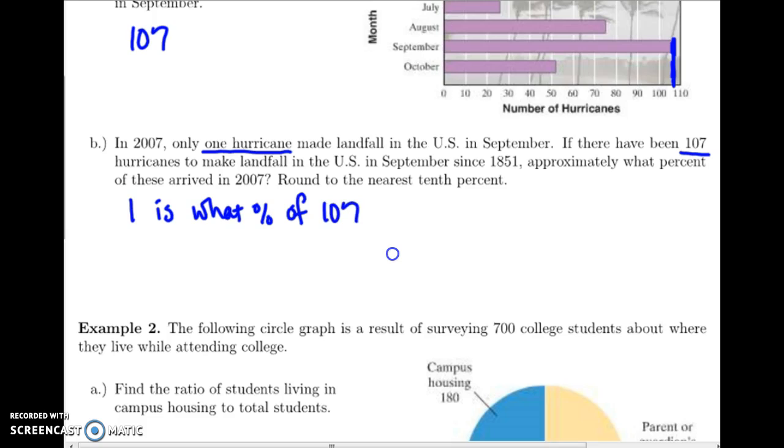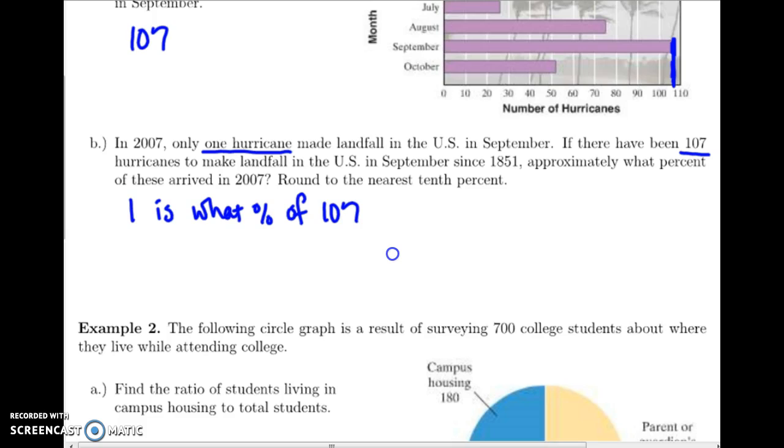So make sure you understand how I'm getting that out of this problem, okay? So setting that up, you could either do your direct translation or you could do your is over of, percent over 100. Either way, you're going to end up dividing 1 by 107. And hopefully you realize you're going to get less than 1%, right? If it was 1 out of 100, that would be 1%, but it's 1 out of 107.